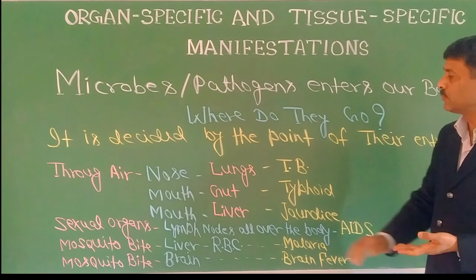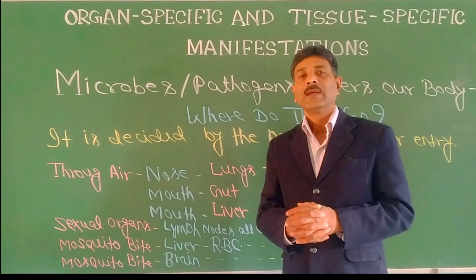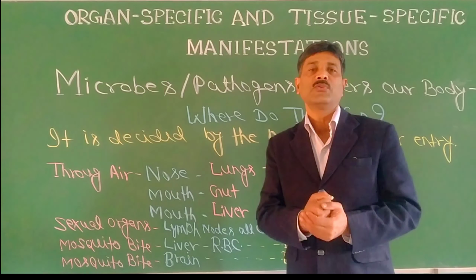Some of the diseases are caused by sexual contact and they are termed sexually transmitted diseases, STD. So these pathogens enter the body through the sexual organ, but then enter the lymph nodes, which are part of the lymphatic system all over the body, where WBC and macrophages are there, and they destroy the macrophages.